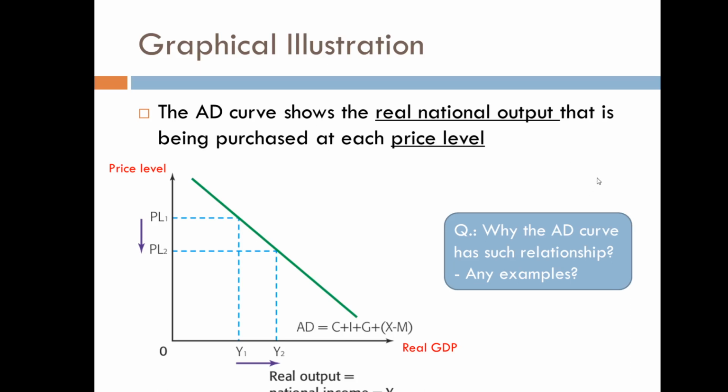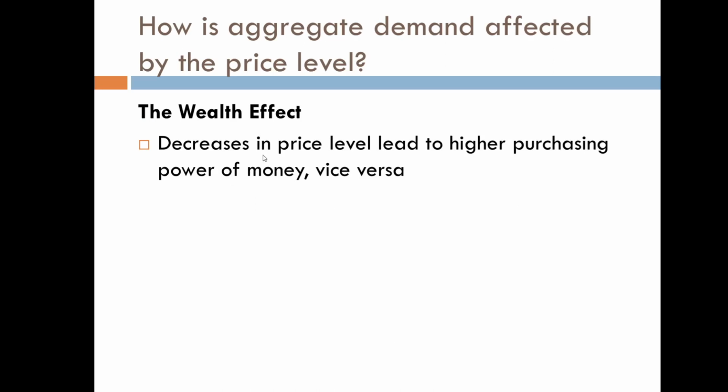So take a look at this. We have three reasons to explain this. First of all, the wealth effect, which will answer Rex's question. When there's a decrease in price level, there will be a higher purchasing power. Why is that?